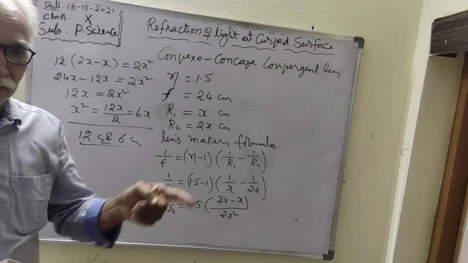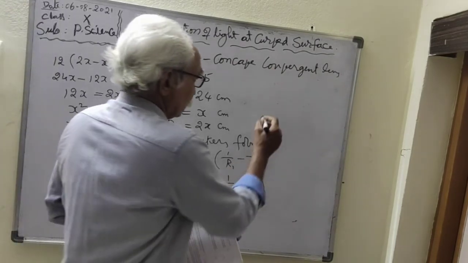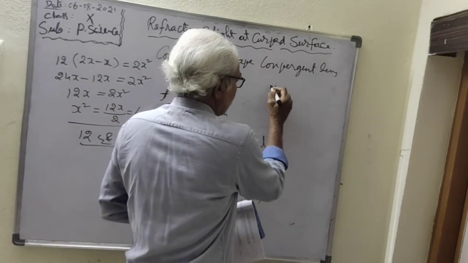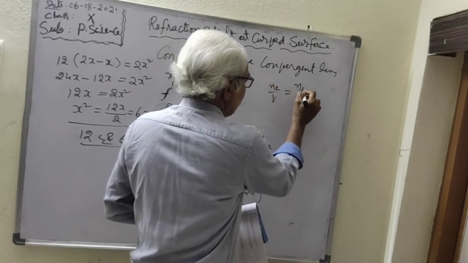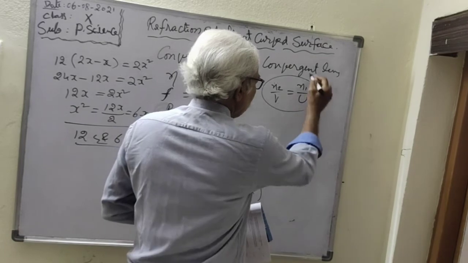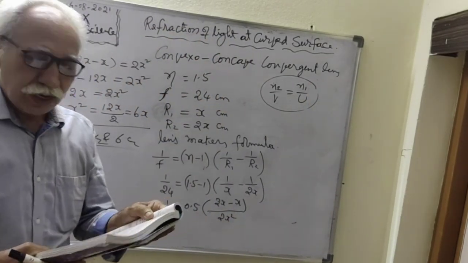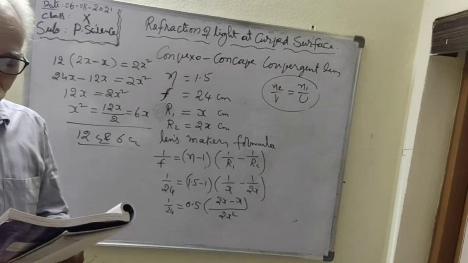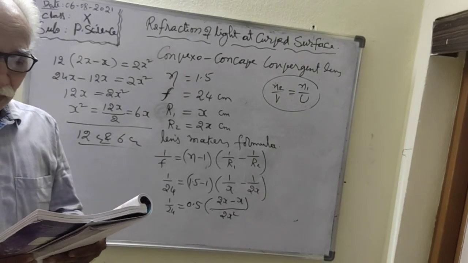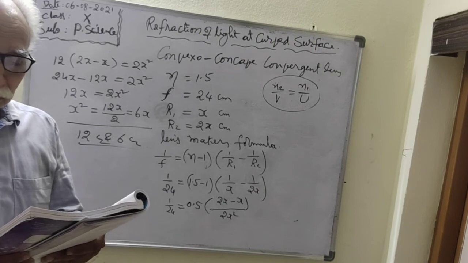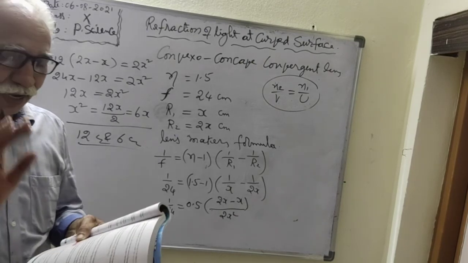Since it is a plane surface, we use the formula n2 by v is equal to n1 by u. By using this formula, we can calculate that the friend standing on the edge in the air appears to the person inside the water taller than the actual height.